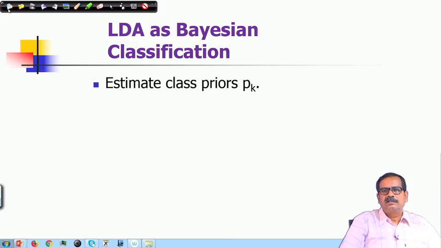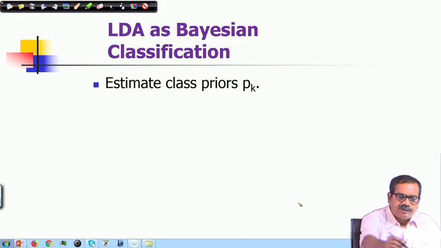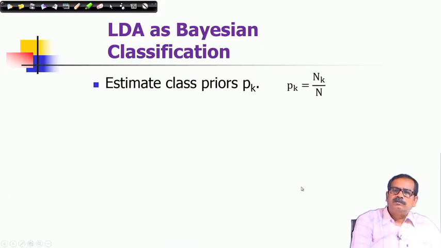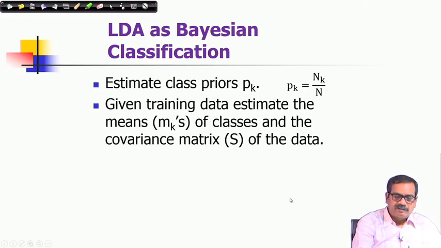Just to summarize how linear discriminant functions could be derived following this Bayesian classification, what we need to do? We need to estimate different class priors, that is p k. For estimating class priors, you get the ratio of these two quantities. N k is the number of instances in class k, and n is the total number of instances.